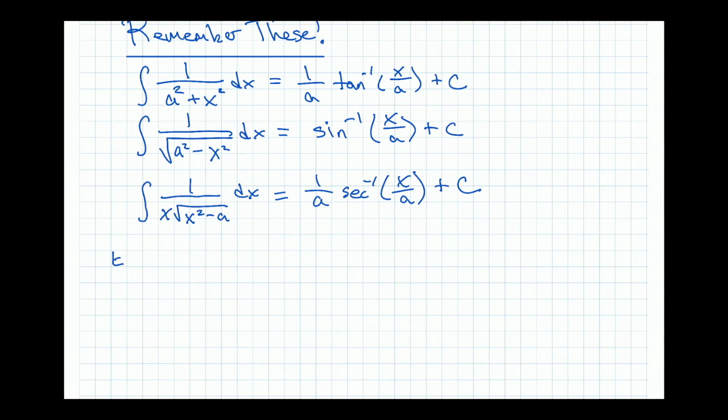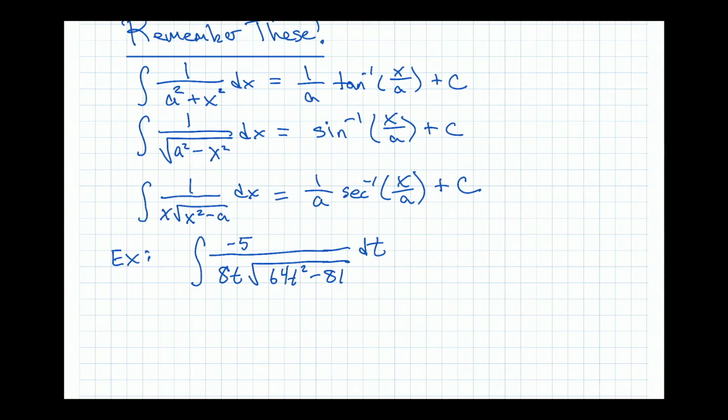Why not? All right. So here is an example. So we've got the integral of -5 over 8t square root of 64t squared minus 81 dt. Oh man, this is getting rough. Right?